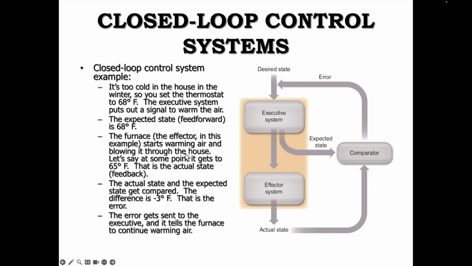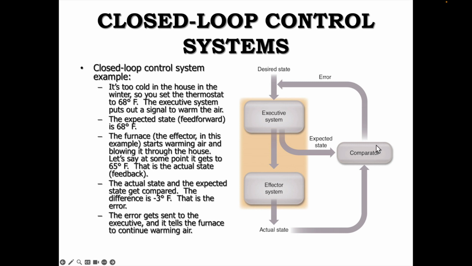The furnace is the effector in this example. The effector starts warming the air and blowing it throughout the house. Let's say at some point it gets to 65 degrees. That is the actual state, the feedback. So it's actually 65 degrees, but we expect it to be 68 degrees.